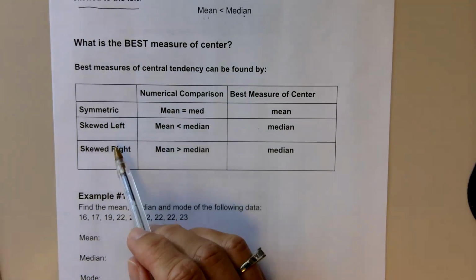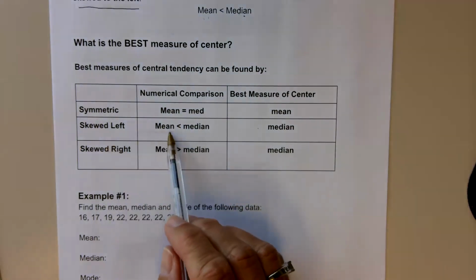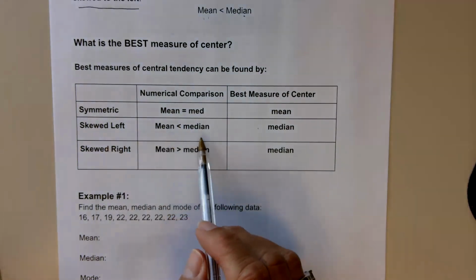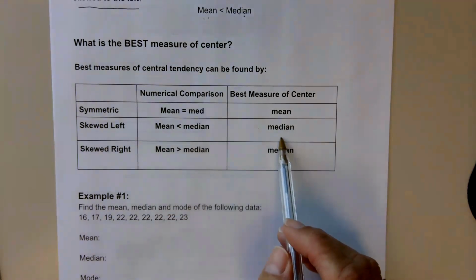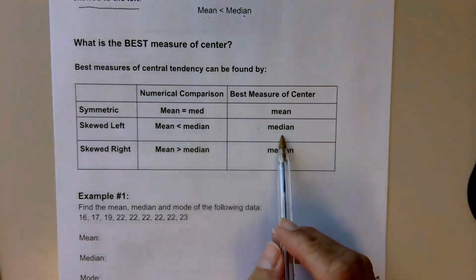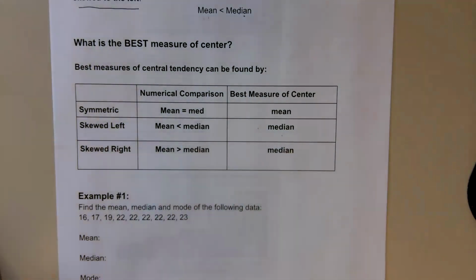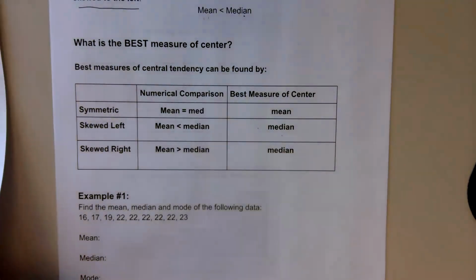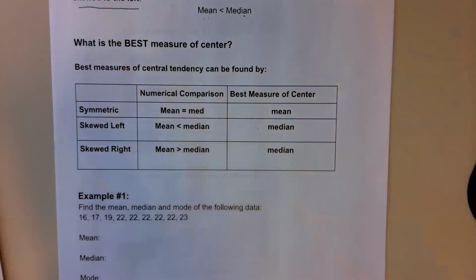If the data is skewed left, that's because the mean is less than the median, and the median is then going to be the best measure of center. If the data is skewed right, where the mean is greater than the median, then the median is going to be the best measure of center again.